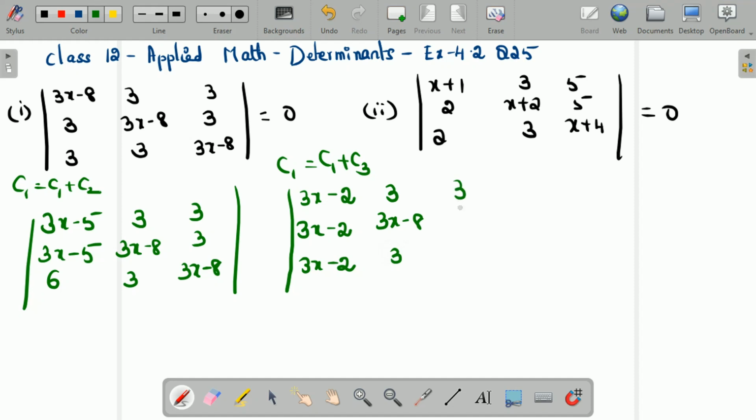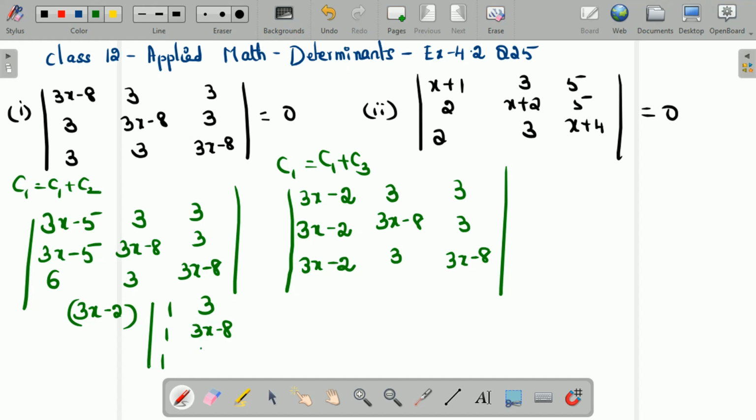This is going to be 3, 3 and 3x minus 8. Now that you have the 3x minus 2 common, we will take this outside. So this is 3x minus 2 into, now the first column all entries are 1. The rest of the column we will copy it. So this is 3x minus 8, 3, 3, 3 and 3x minus 8.